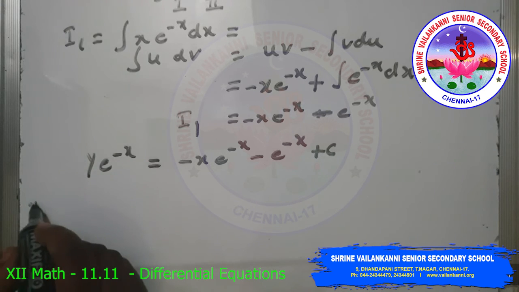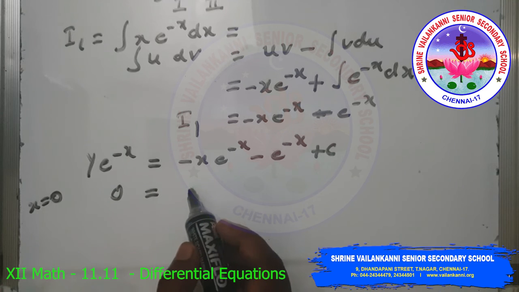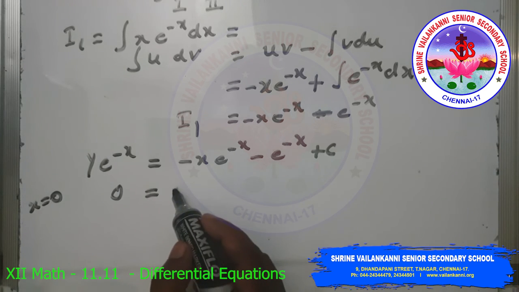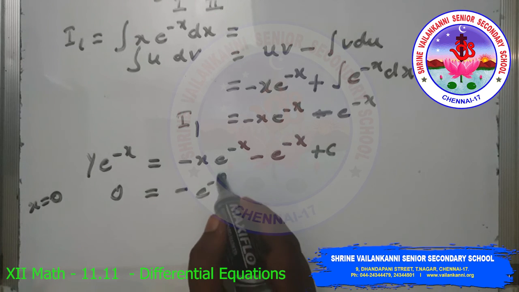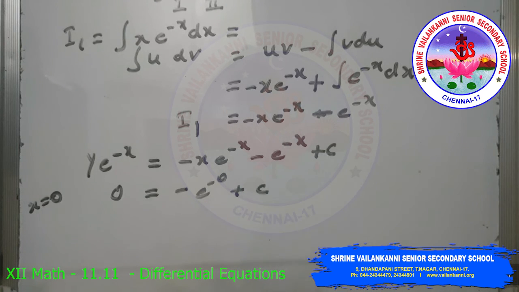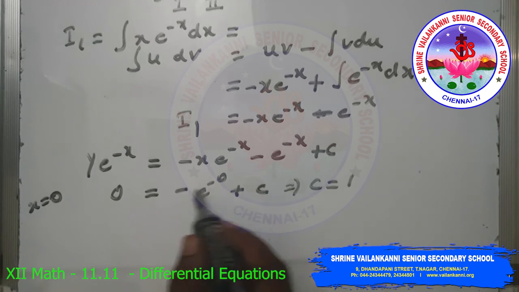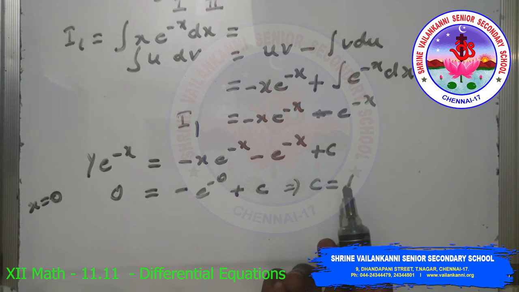So x is 0 and y is 0. Here it is 0, which is equal to minus 0 into something is 0, and minus e power minus 0 plus c. Here it is minus 1 plus c equal to 0. So c equal to 1.